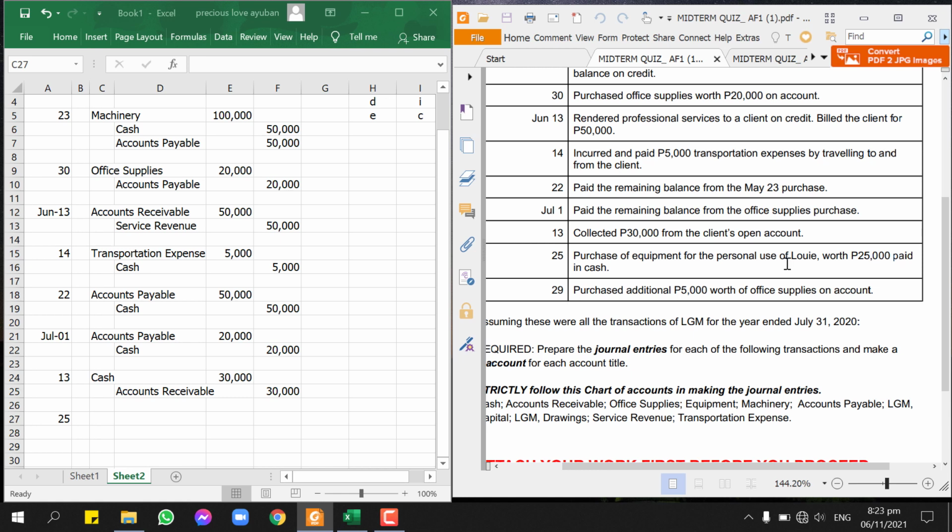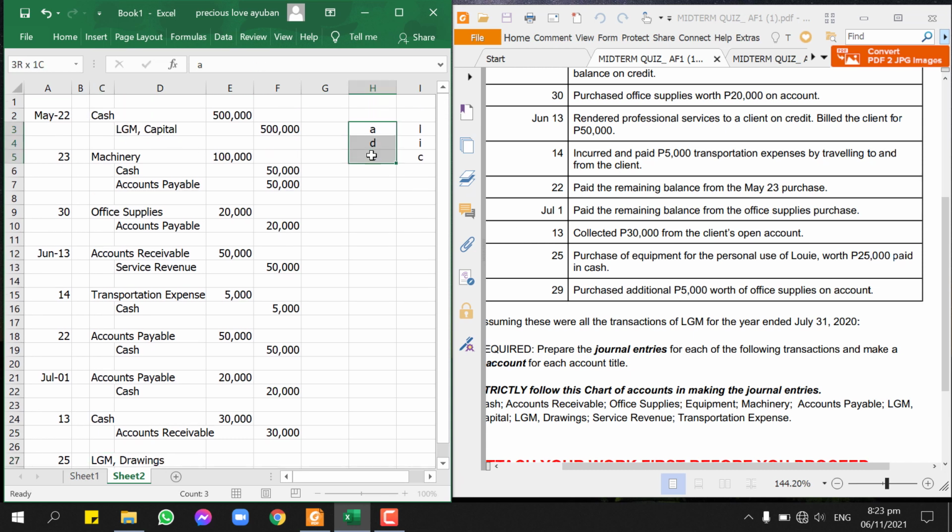So, itong transaction na to is a personal, nag-purchase ng equipment for the personal use of Louis. Tapos, binayaran 25,000 in cash. So, since personal ito ni Louis, hindi natin siya i-record as equipment. I-record natin siya as drawing. So, Louis, drawings. Again, si drawings is nasa debit side.